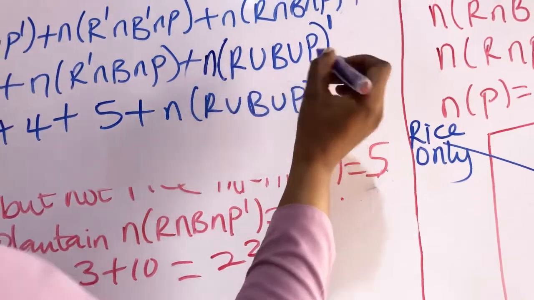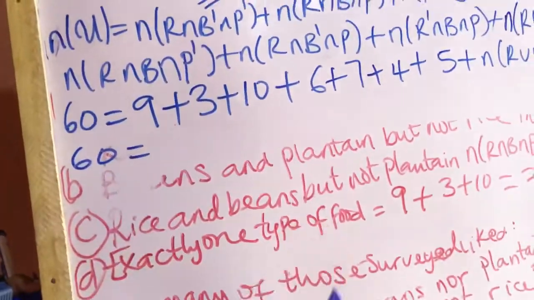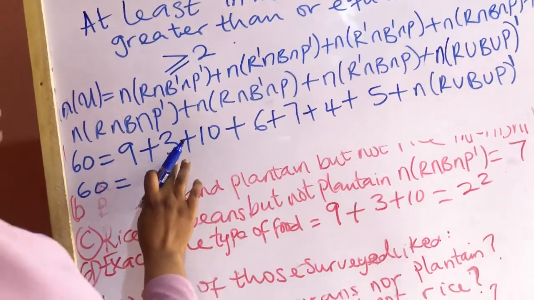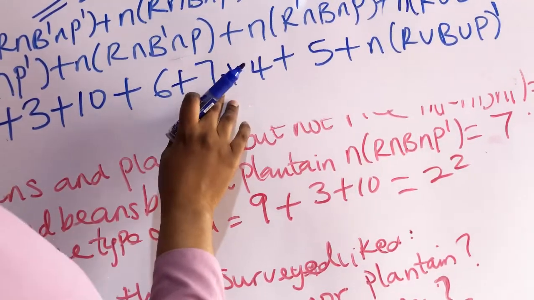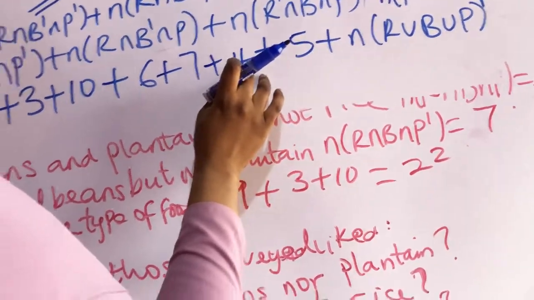Then everything prime. So 60 is equal to, let's calculate, 9 plus 3, that is 12. 12 plus 10, 22. 22 plus 6, 28. 28 plus 7, 35. 35 plus 5, 40. 40 plus 4, 44.